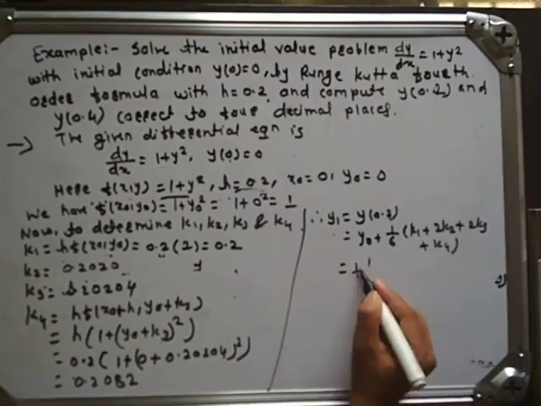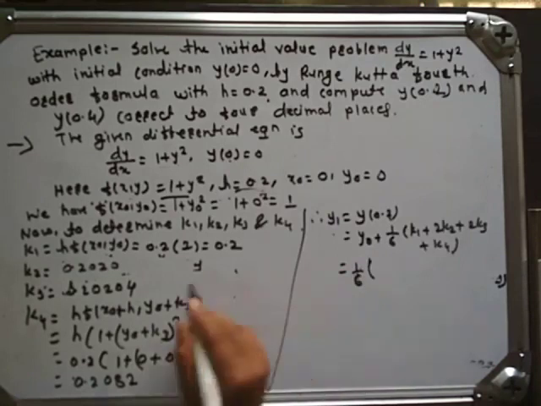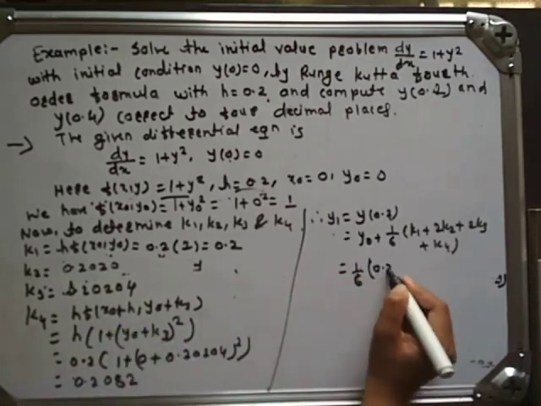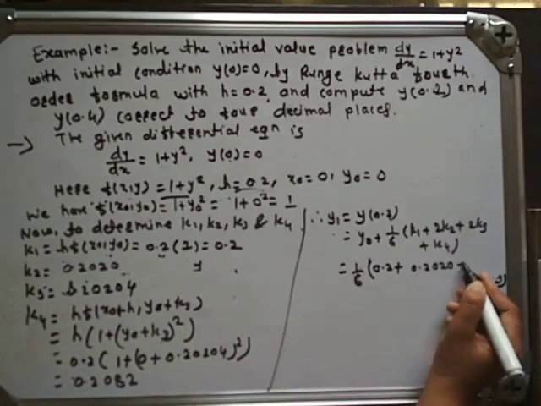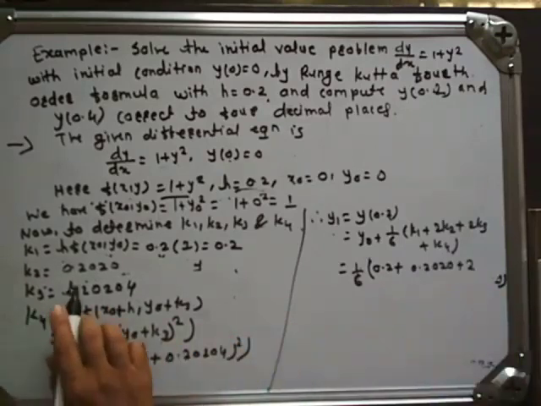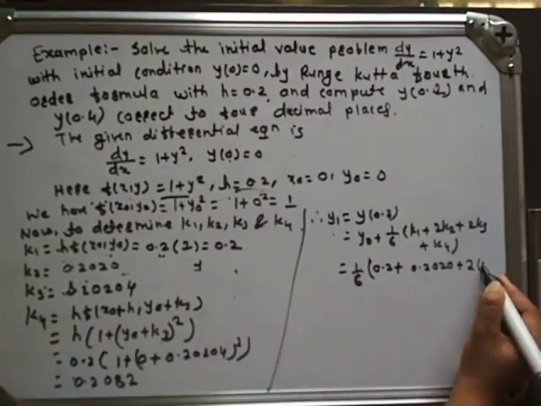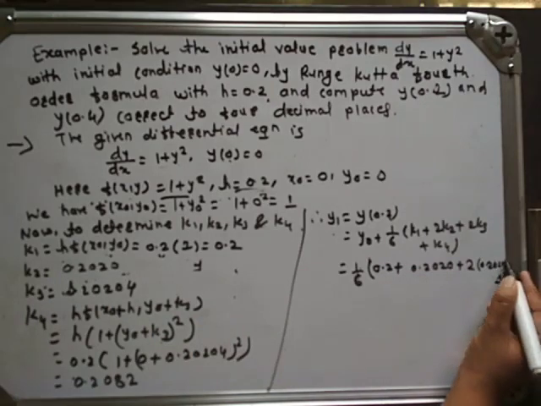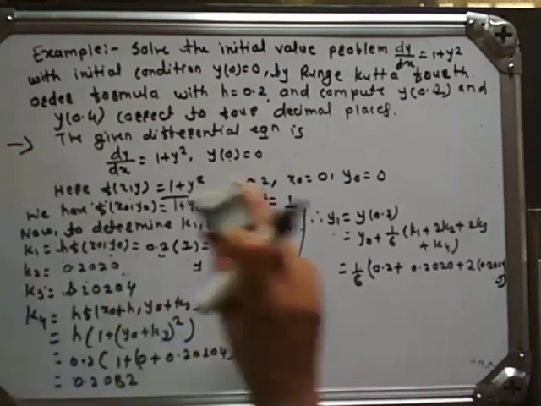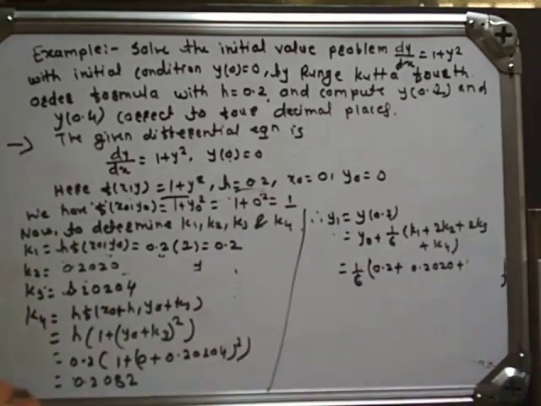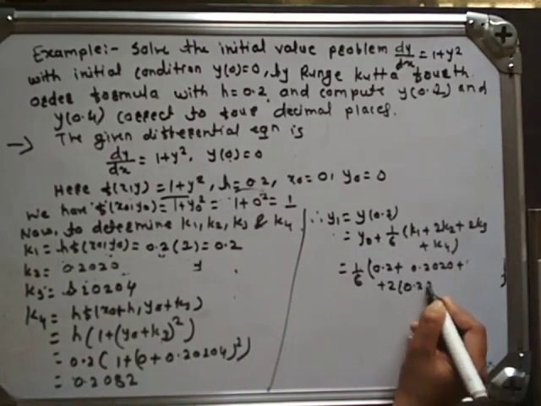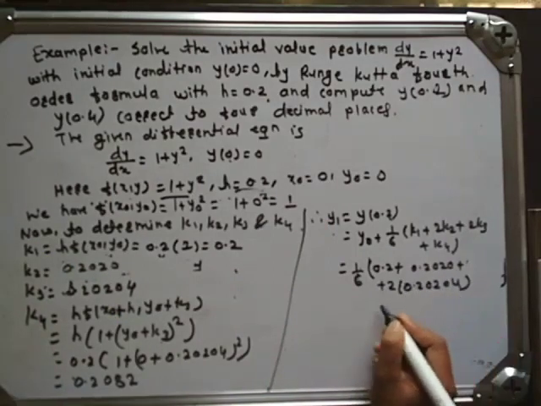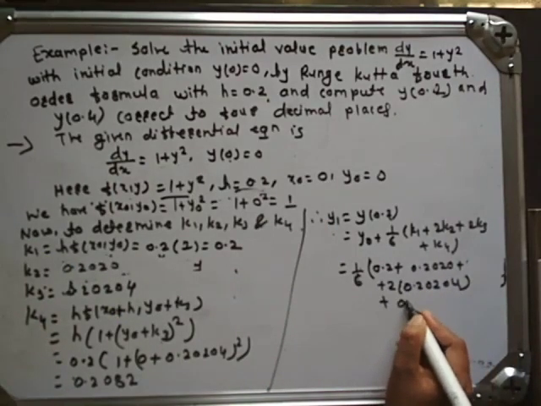So in the next step, 1 by 6 into k1 is 0.2 plus 2 into k2 0.2020 plus 2 into k3 is 0.20204 plus k4 0.2082.